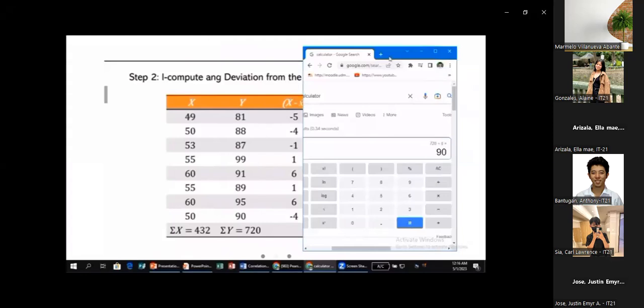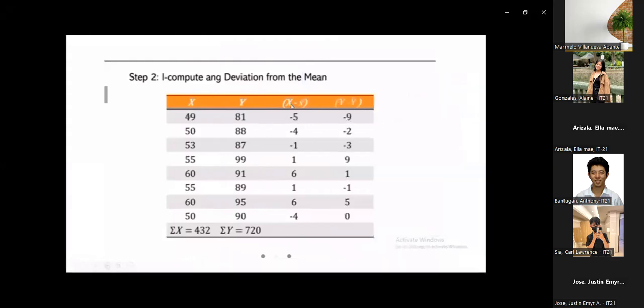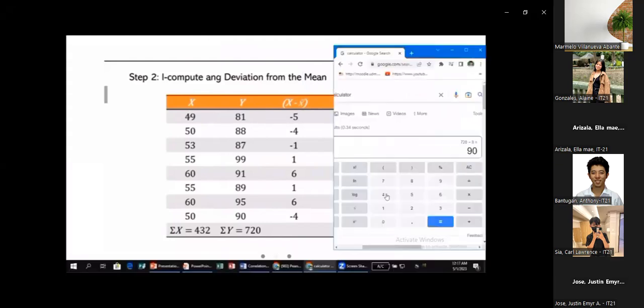Para ma-compute yung deviation, i-subtract daw natin yung x sa mean. Yung mean natin sa x is, di ba nga, 54. Ang gagawin natin, i-subtract natin yung 49 sa mean niya, which is 54. So, 49 minus 54, kaya magiging sagot is negative 5.